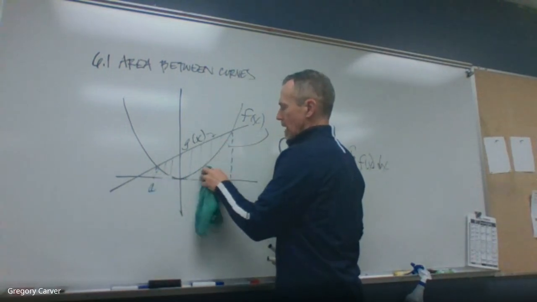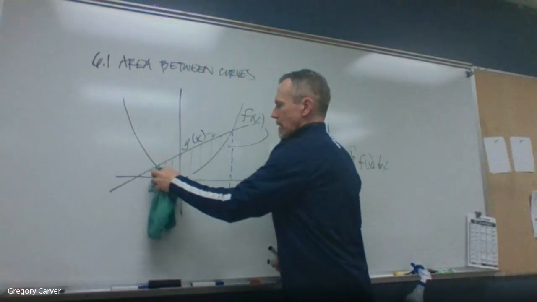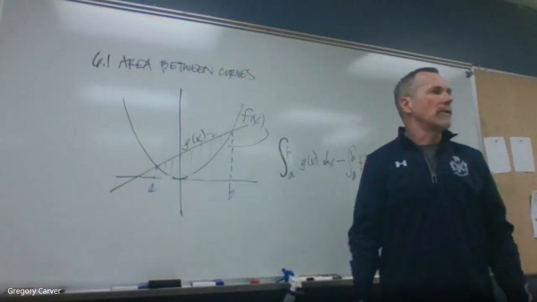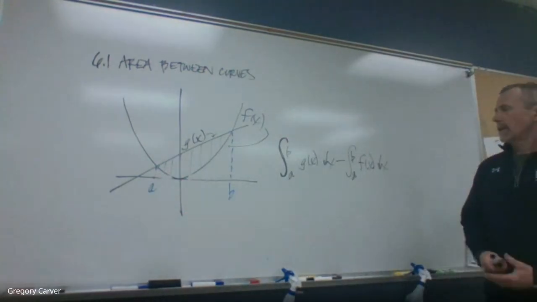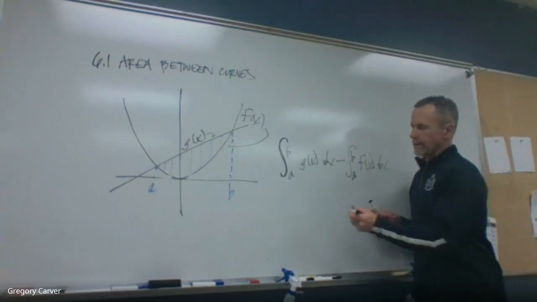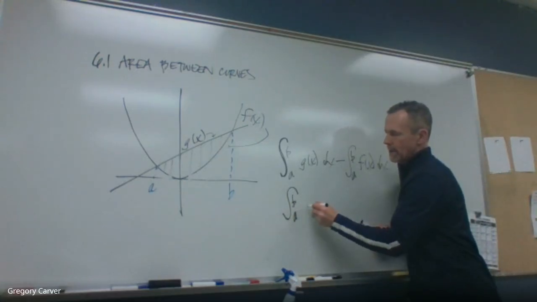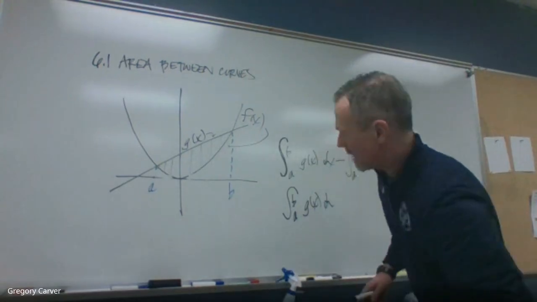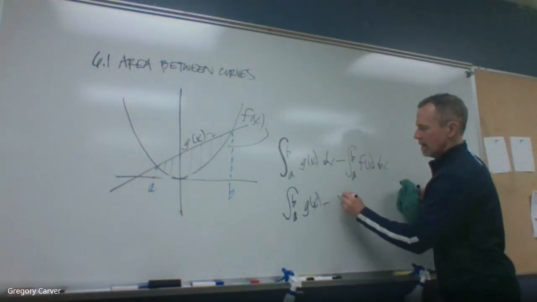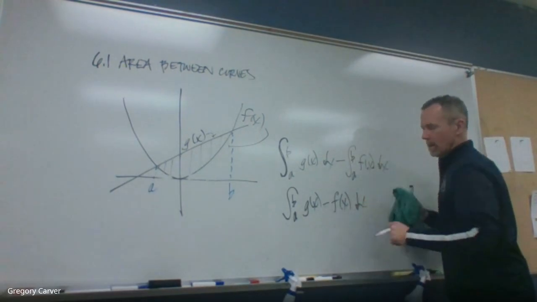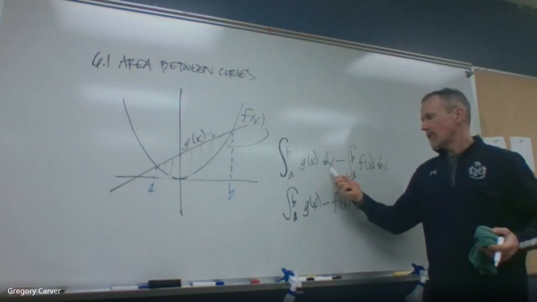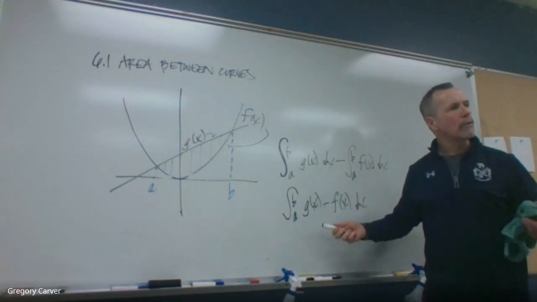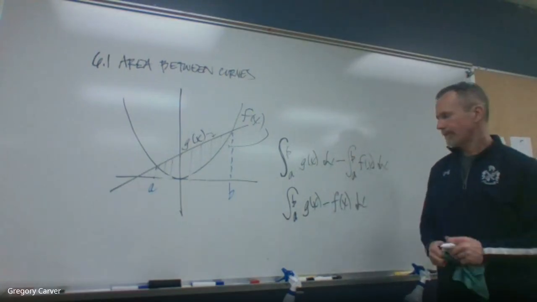What I'm left with then is just the area between the two curves. That's really what I'm looking for. Now, I will tell you this. You don't need to write this twice. You can just write this like this, right? The area from a to b of g of x minus f of x. Because you guys agree, right? If you have subtraction or addition, you can split them, but we're just putting them back together, essentially. Okay.